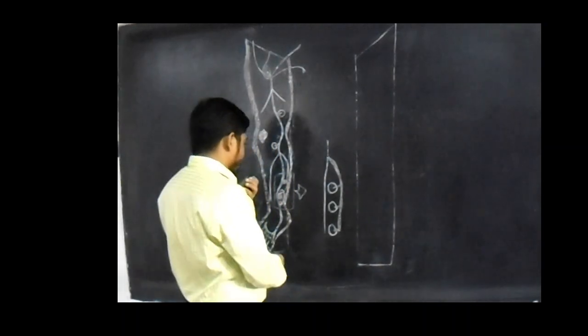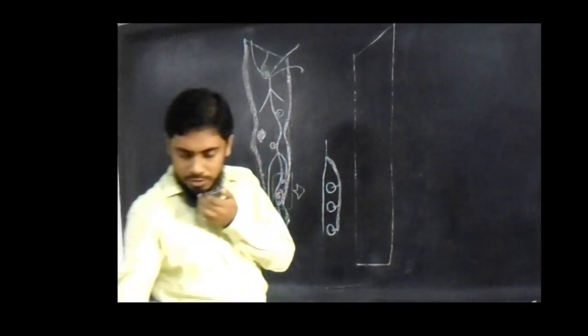So before drawing the small saphenous vein, we have to draw another leg.